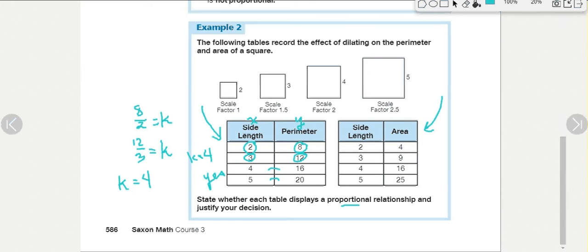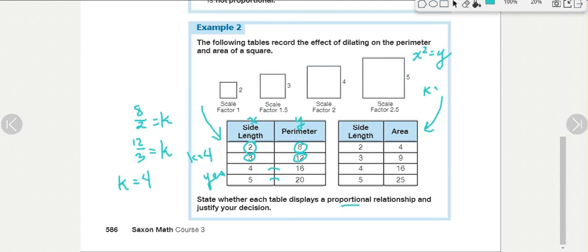In area's case, as I already mentioned, area doesn't work, especially not with a square, because what's going to really happen is your x gets squared because the sides are the same length to get y, and that's not the same. That's not our constant equation. But we can check it.